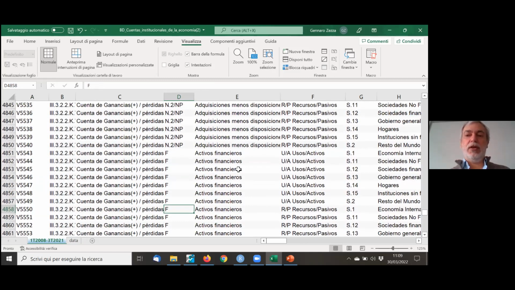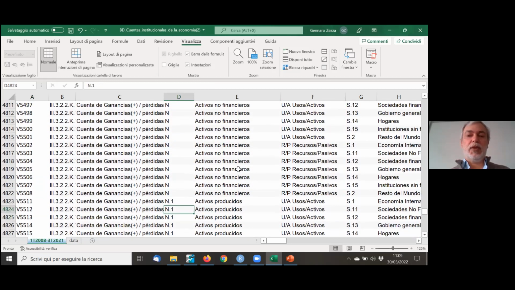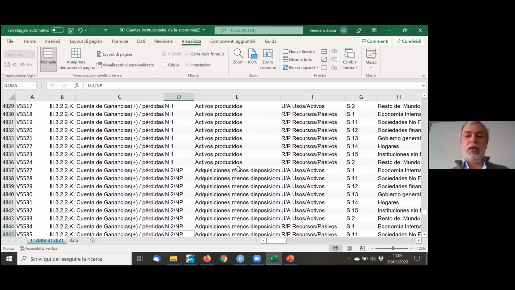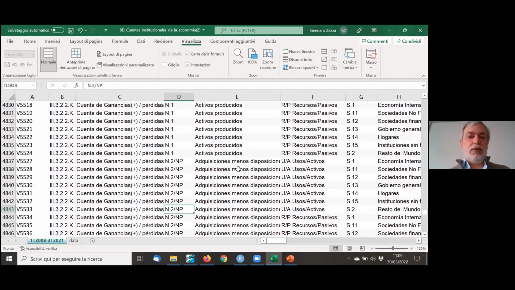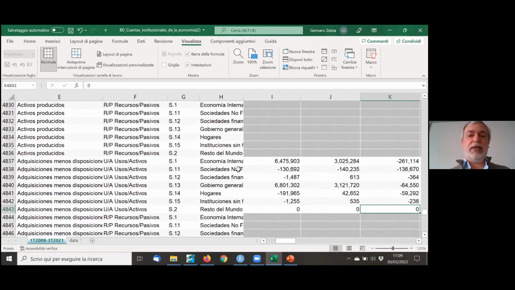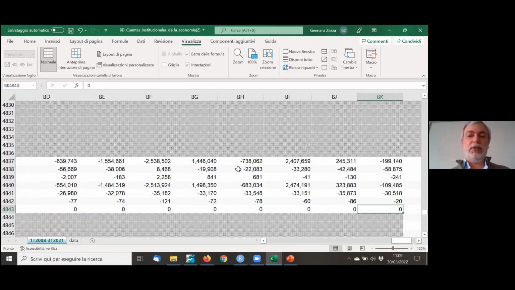But they're not detailed, actually. This is what they report for the net capital gains of the foreigners, and it's always zero.